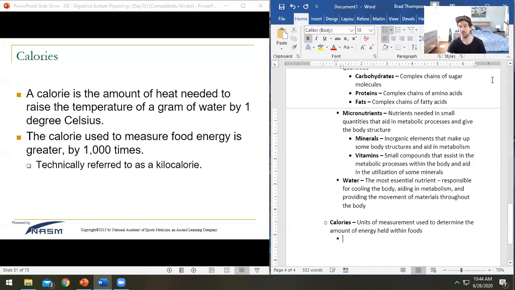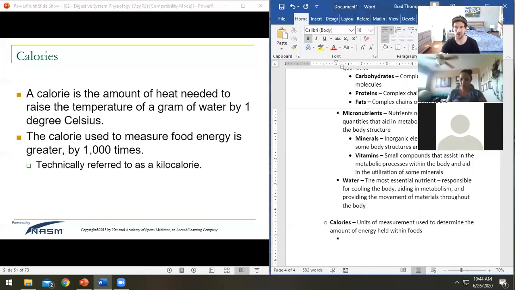Now, I have to apologize to the world of science because I'm the one who has to teach it. But there is actually a difference between a lowercase calorie and an uppercase calorie, which totally sucks because it's very easy to miss. The calorie that we all are familiar with every day is technically actually 1,000 calories.